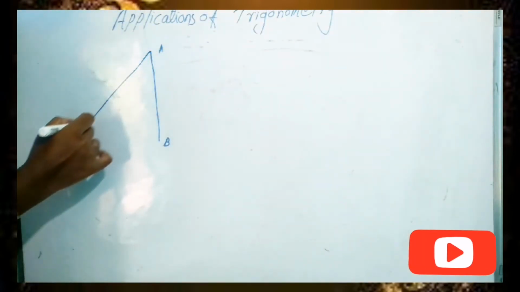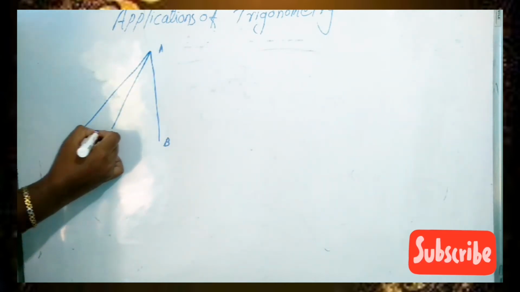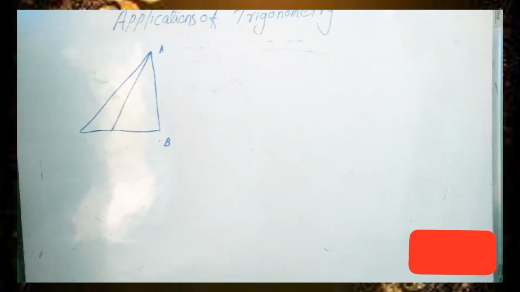First aim of this question, we need to draw the figure corresponding to each and every question. So this is our tower, that is AB, and here we have 2 angles given. One is 30 degree and the second one is 60 degree.